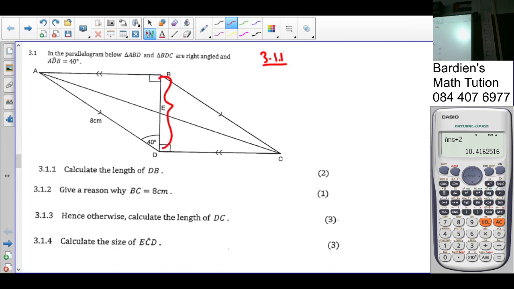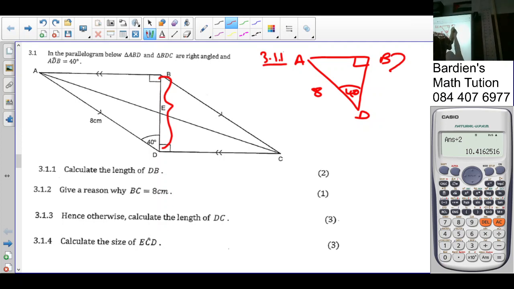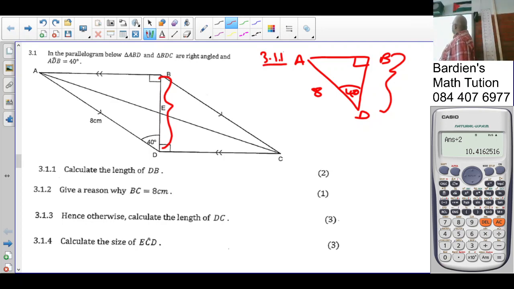How are you going to calculate DB? We have 40 degrees. We got 8 there and 40 degrees there. So how are you going to calculate DB? By using one of the trig ratios, not so. Which one in particular? Adjacent and hypotenuse. Can you see that?